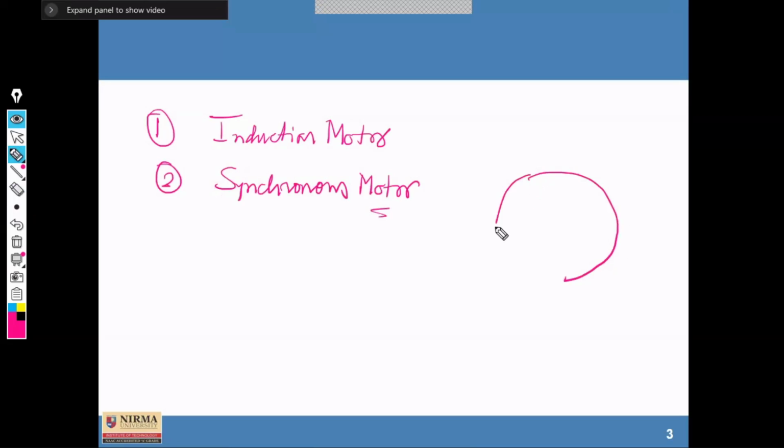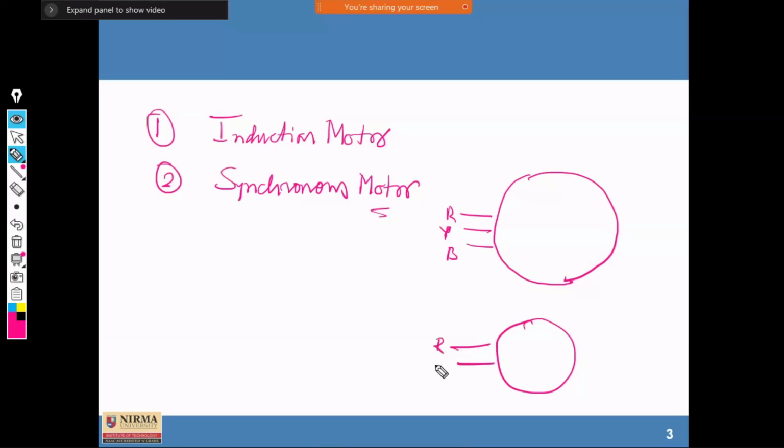The construction wise, both the motors are similar. So when a three-phase supply R, Y, and B is given to the induction motor, clear? Then suppose if there is a single phase induction motor, then phase and neutral is given to the induction motor. Okay.